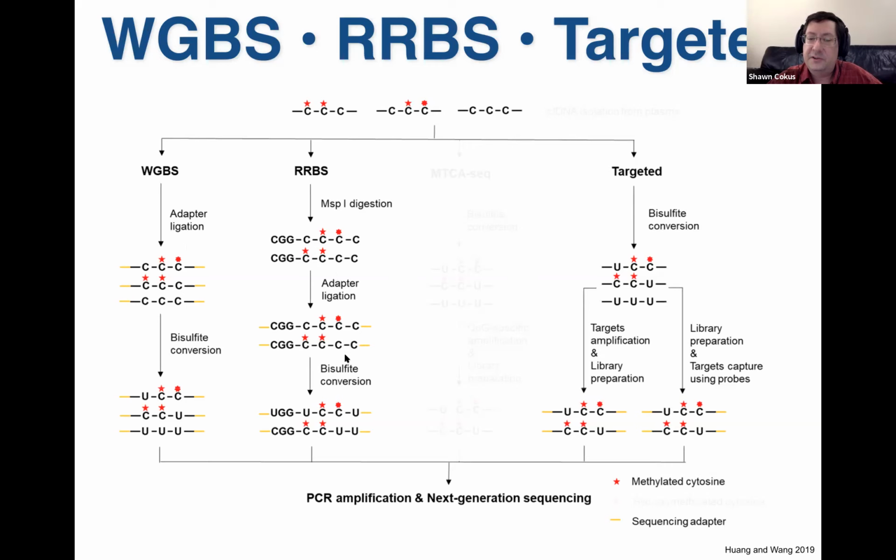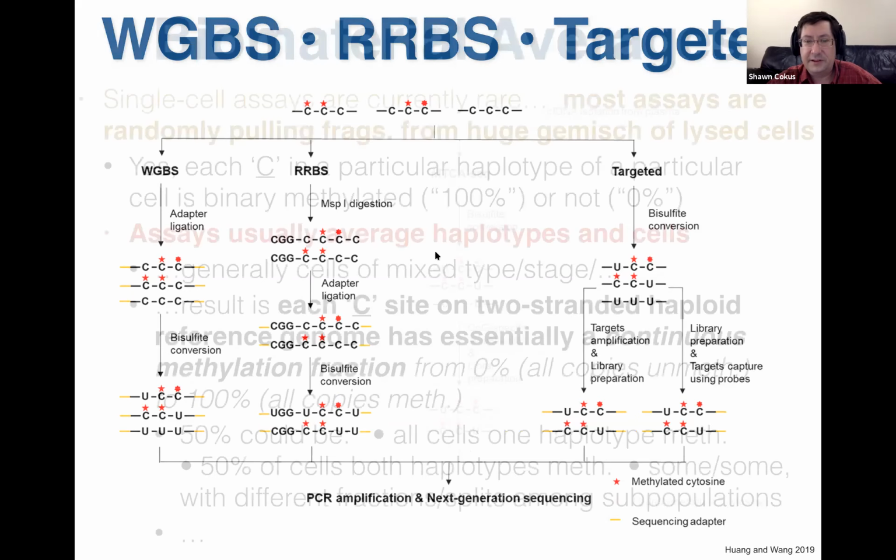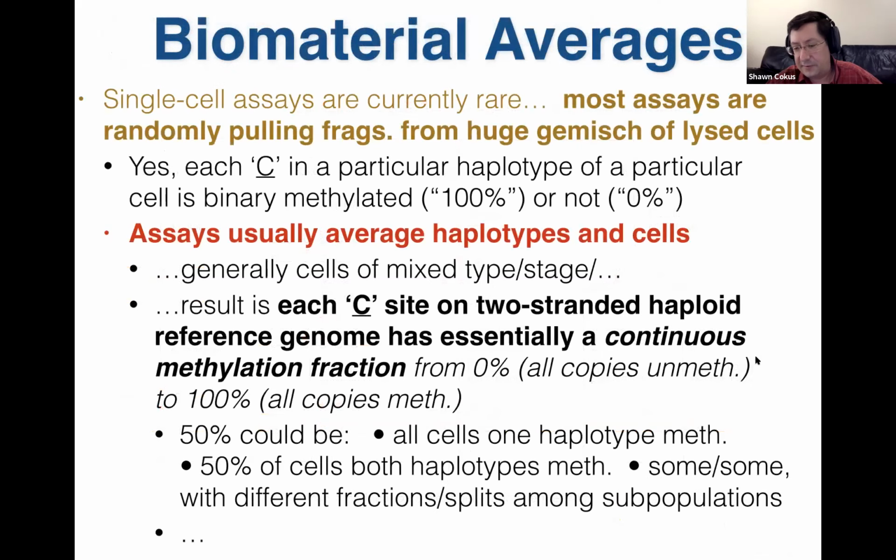Then you do the adapters, then you do bisulfite conversion, and you're back to where WGBS was. For targeted, you do bisulfite conversion early. Then you have to pull the fragments down somehow. Maybe you design probes and so on. There are different ways. This is an evolving area. Obviously, when you actually get into it, the actual steps of the individual protocols vary, and there are multiple protocols for each of those generic types of BS-Seq.